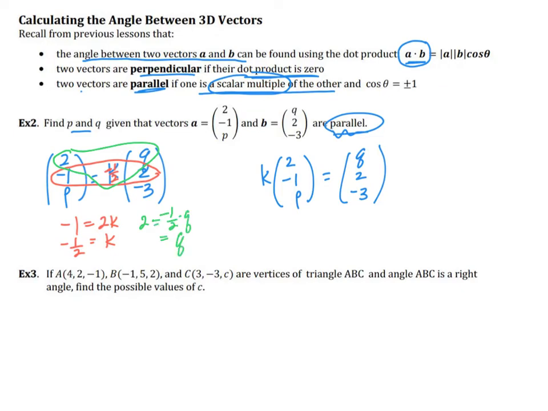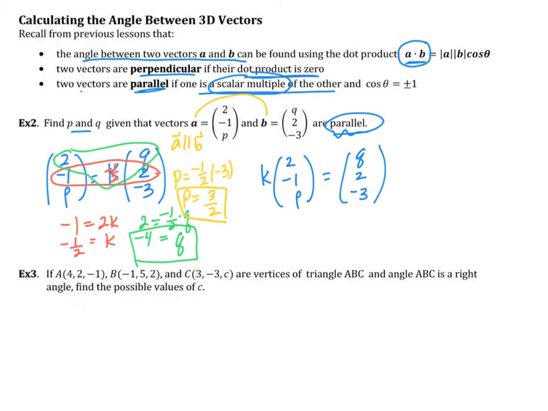So what is q going to equal? It's going to equal -4. Or let's try this lovely yellow color and see what happens. We can say p equals -1/2 times -3. So what is p going to equal? It's going to equal 3/2. So it looks to me from this first example that p equals 3/2 and q equals -4, and that would make vector A parallel to vector B.